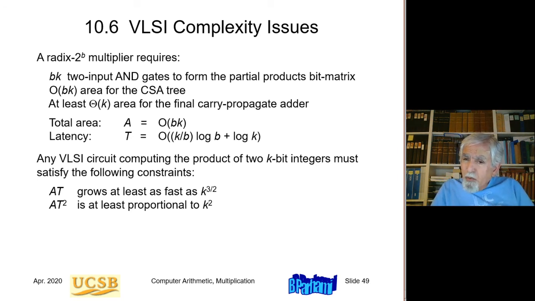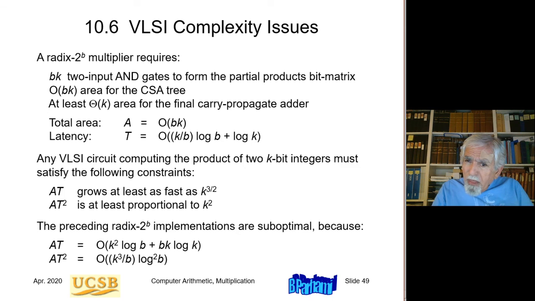And that AT squared measure must grow at least in proportion to K squared. In other words, you cannot design any multiplier whose AT is less than order K square root of K, or whose AT squared is less than order K squared. So how does our multiplier up there fare compared with these absolute minimums?